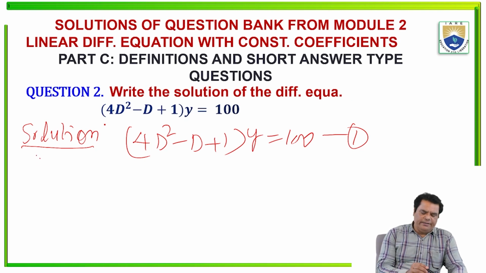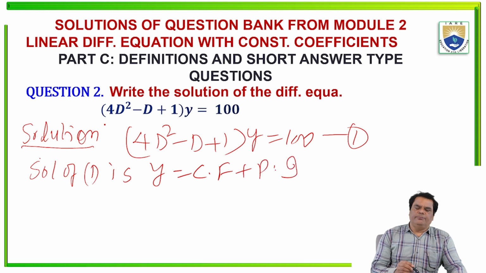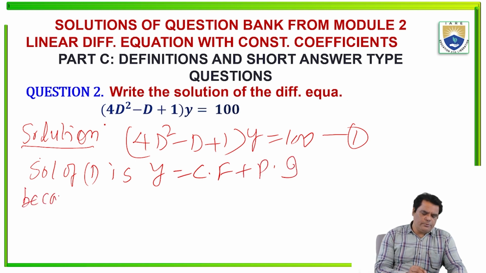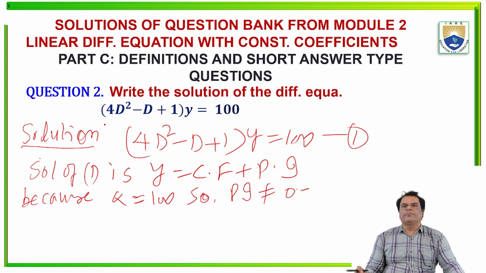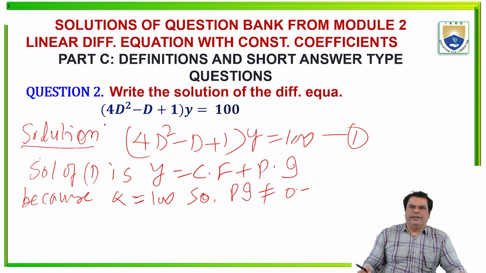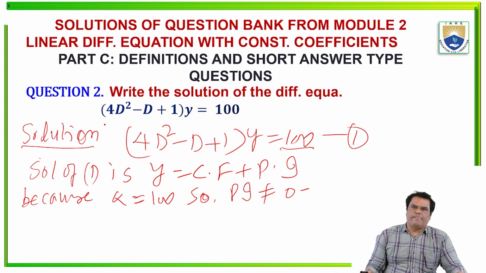So here we find the solution of 1 as y is equal to CF plus PI, because Q is given. Q is 100 on the right hand side, so PI is not 0.